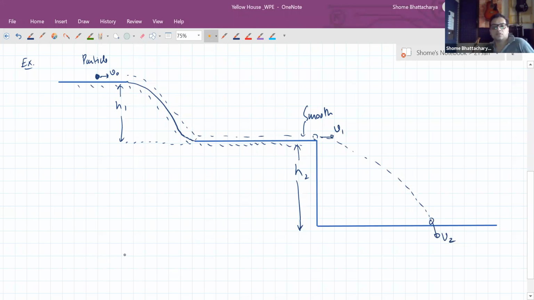Okay, so a particle has v naught equal to, let's say, 4 meters per second at the point A as shown. Okay, and all this is smooth, so this is a smooth surface.